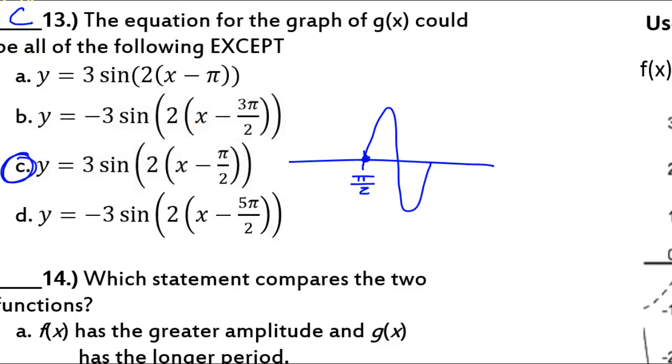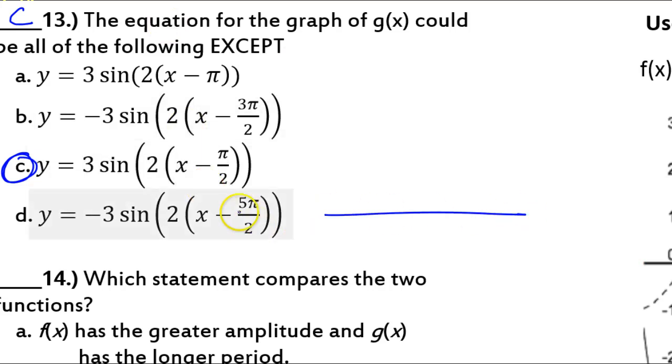Let's just follow through and look at D and see how D works out just fine. For D, the phase shift is positive 5 pi over 2. So we'd be looking for it to begin at 5 pi over 2, and then because of the negative a value, we would expect it to drop down first and then up.